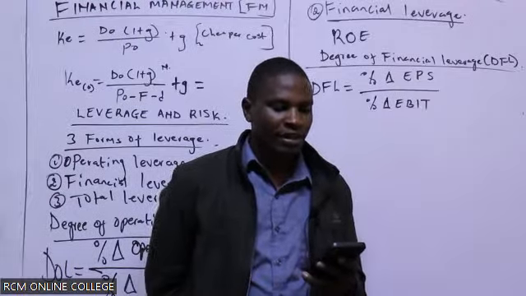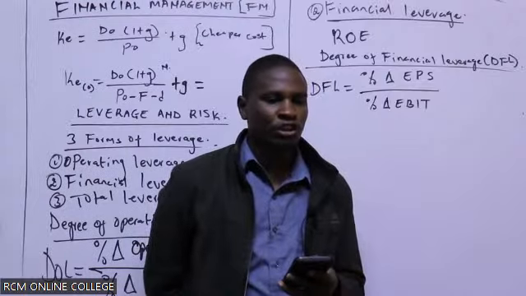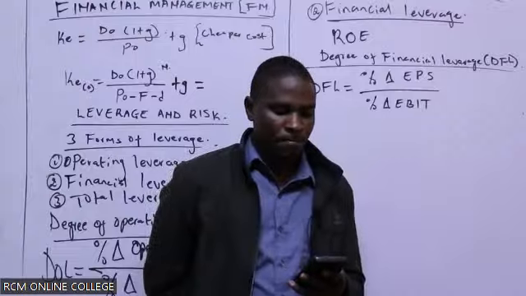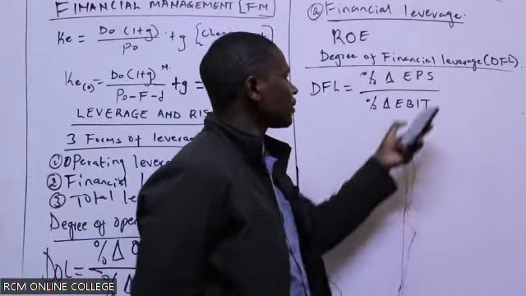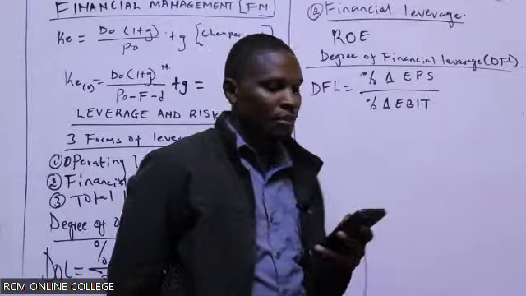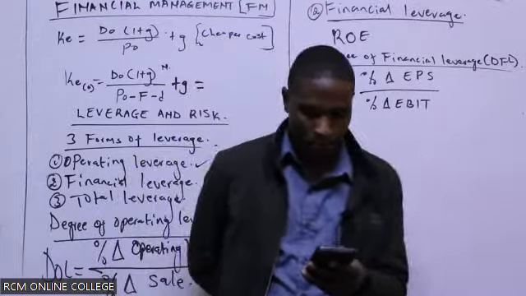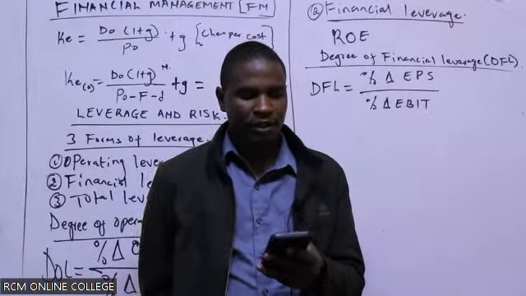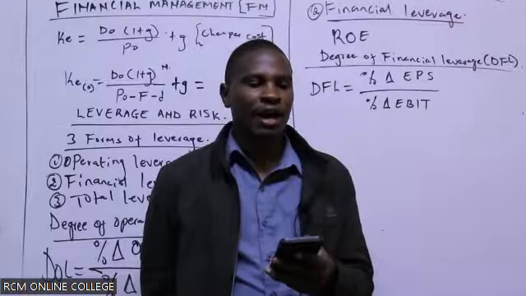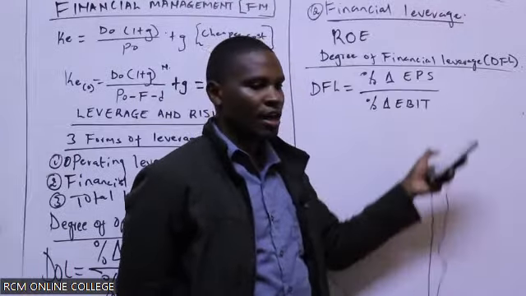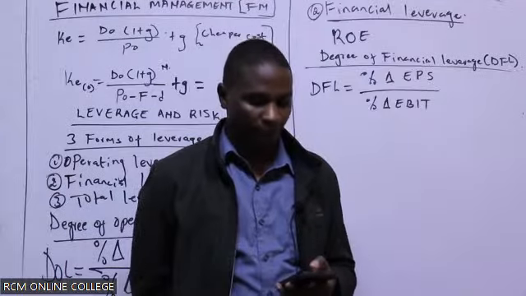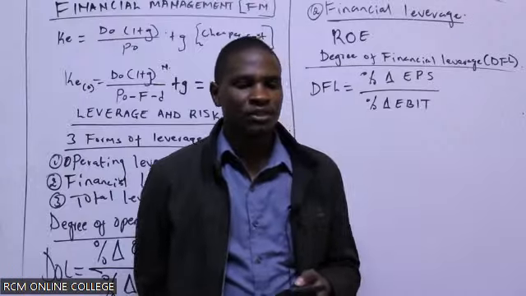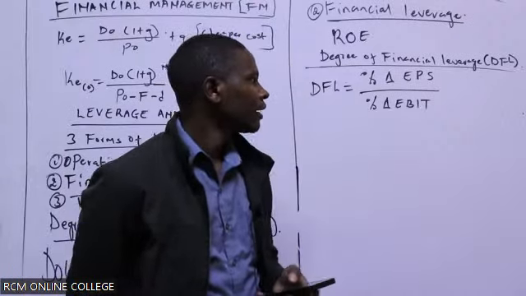So it indicates how much a company's earning per share, EPS, can change in response to a change in earning before interest and tax, due to presence of debt, tukiwa na deni ndani.